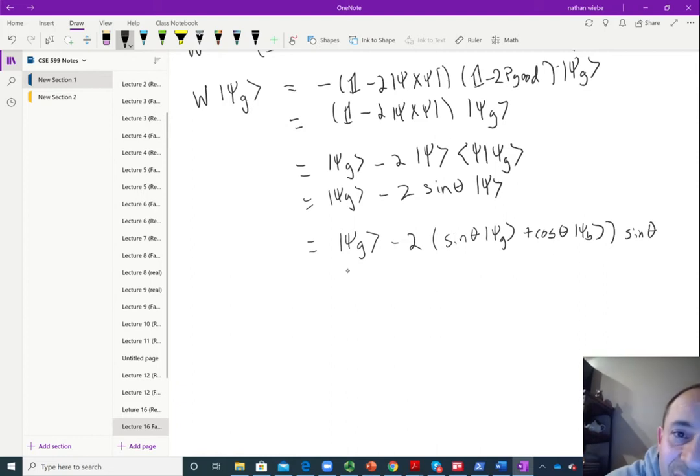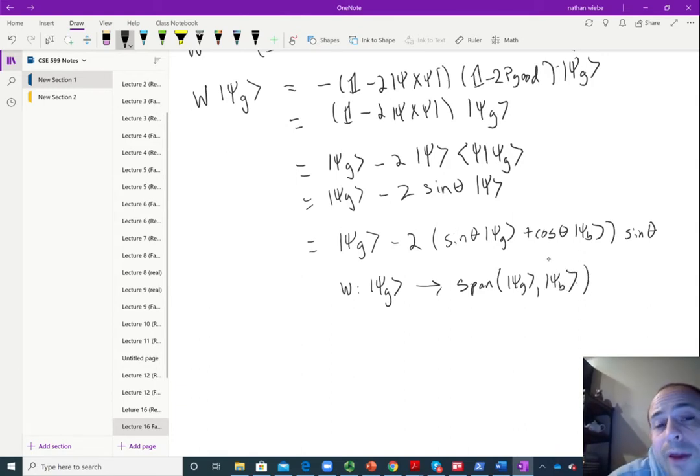So we can see that when we apply the walk operator on psi g, W maps psi g to the span of psi g and psi b. So a single operation of this walk operator doesn't take us outside of the subspace spanned by the good and the bad projection of the vector.